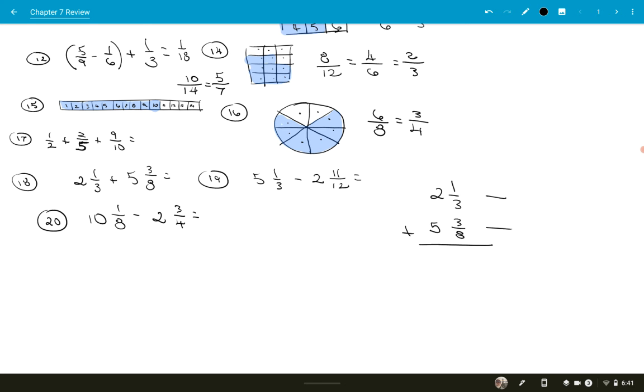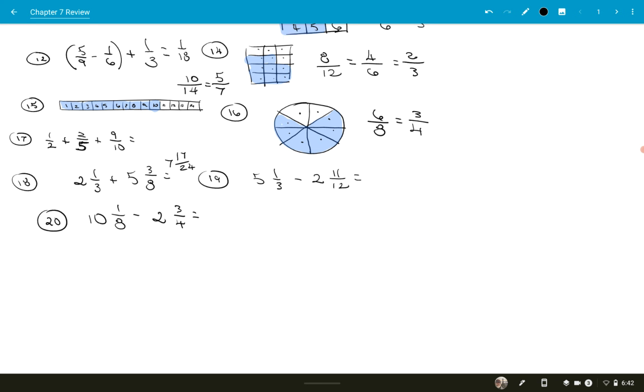And 8 and 8 is 16. 3 doesn't go into 16, but it does go into 24. 8 goes into 24 3 times. 3 times 3 is 9. 3 goes into 24 8 times. 1 times 8 is 8. We're adding them up. What's 9 and 8? That's going to be 17 over 24. 5 plus 2 is 7. 7 and 17 24ths. I should have written down the other one. I already forgot what it was. So that was number 18.